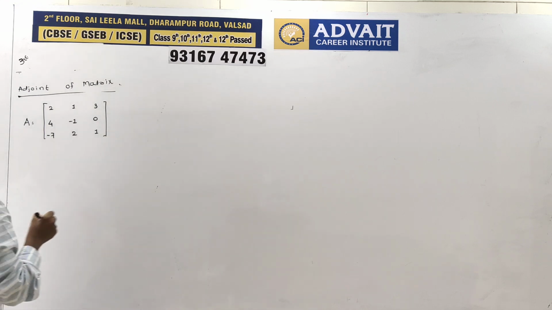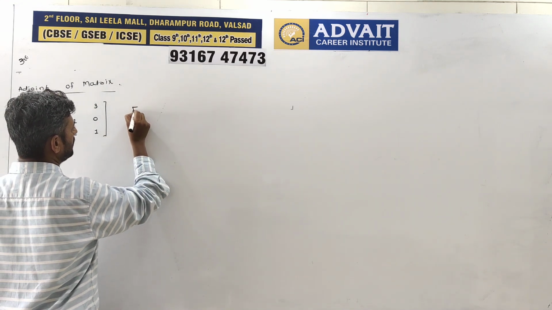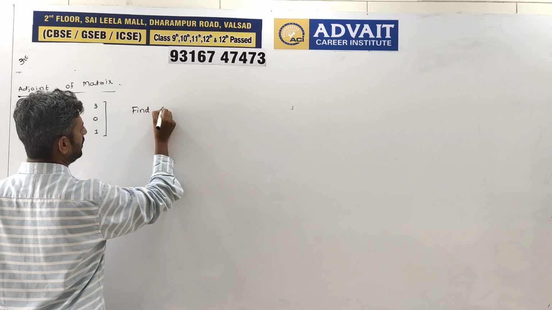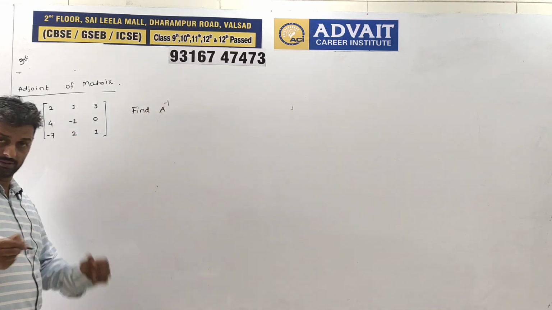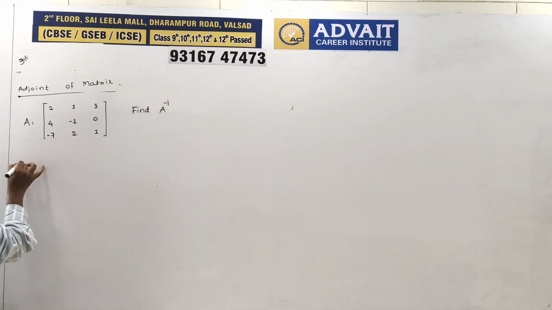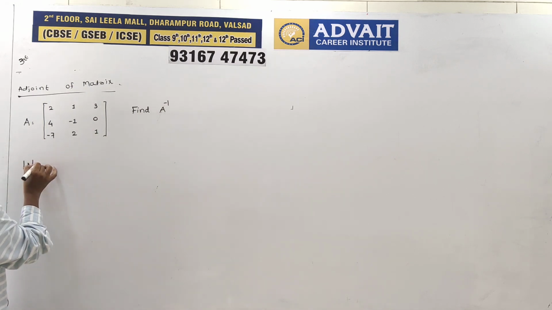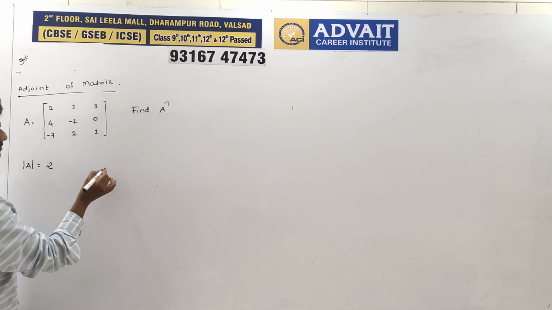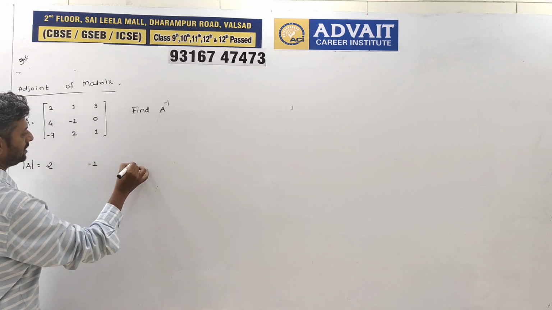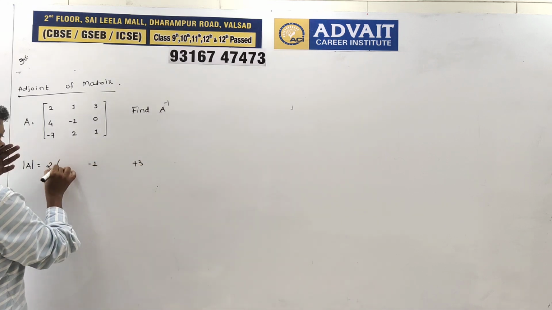Then they say find A inverse. Then first of all, you have to find the determinant value of that. That is 2 into minus 1 plus 3.